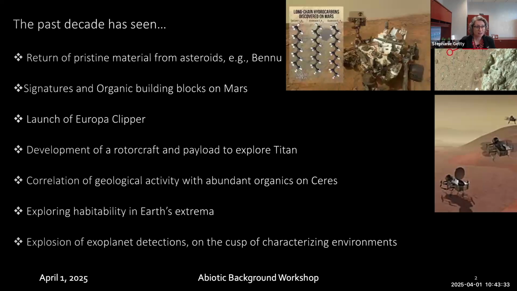Of course, Mars continues to be a really fertile environment for exploration. And so we've seen a lot of signatures, a lot of clues, a lot of building blocks on Mars. Most recently, the discovery by the Curiosity rover and the SAM instrument on board of these structural materials, these long chain hydrocarbons that in life as we know it, provide structure and encapsulation of environments within biological systems.